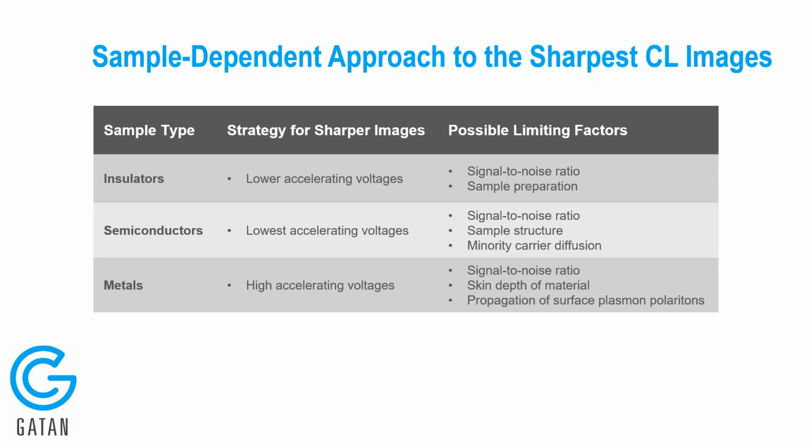In semiconductors, we tend to use the lowest accelerating voltages we possibly can, generally because they are more efficient at emitting light than the insulators, and so we can use these very low accelerating voltages. And here we have to think about minority carrier diffusion, but fortunately, in a lot of cases, the sample structure actually helps us.